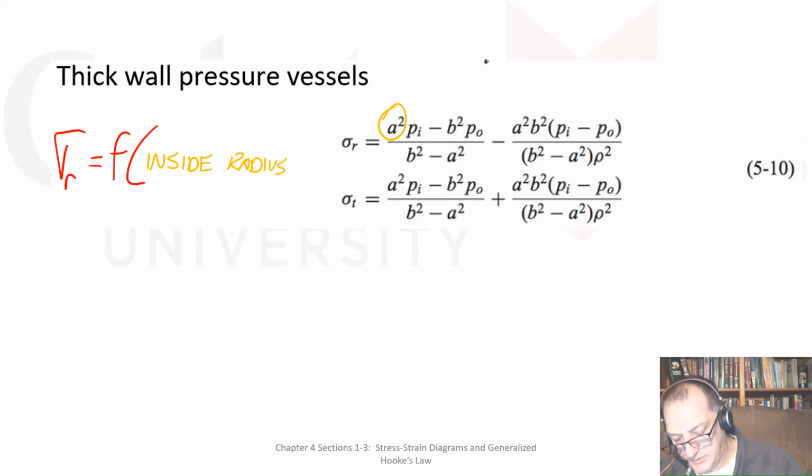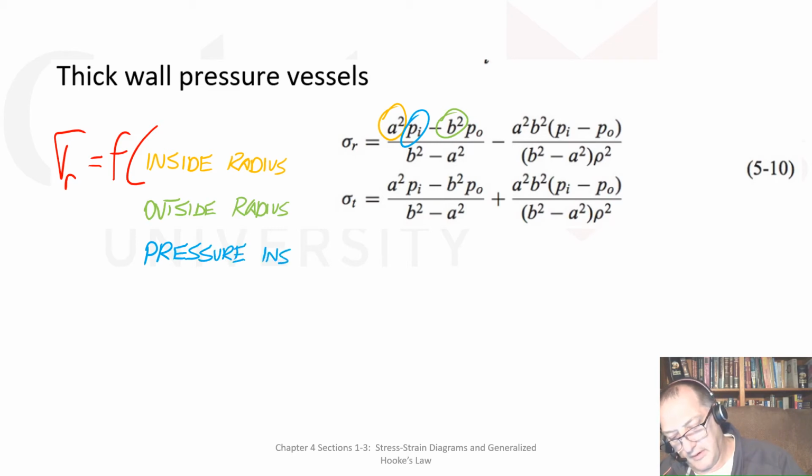And then my next one, I'll change colors, is B, and that is my outside radius. And then I'm going to a blue, and I've got my pressure on the inside. And I go with the dark navy, and I've got my pressure on the outside.